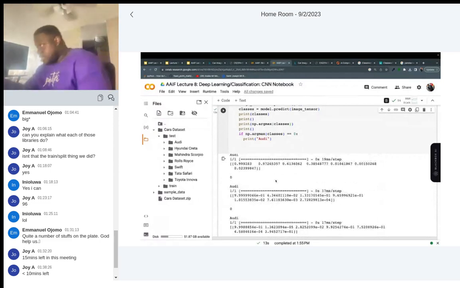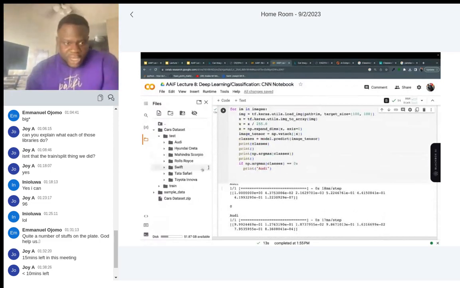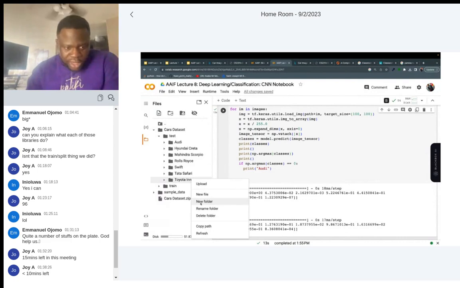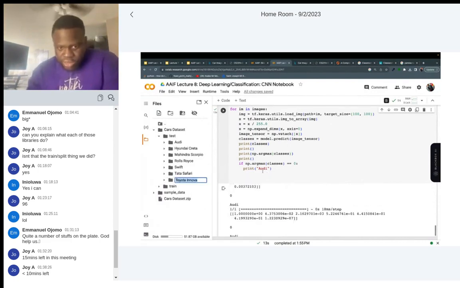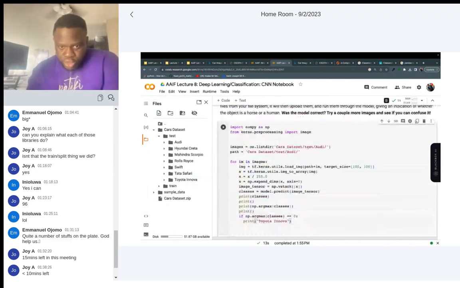That's hence 95%. Now, if we want to do Toyota Innova, let's just go through it.